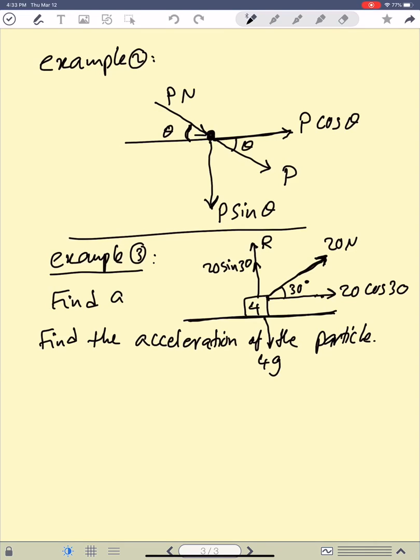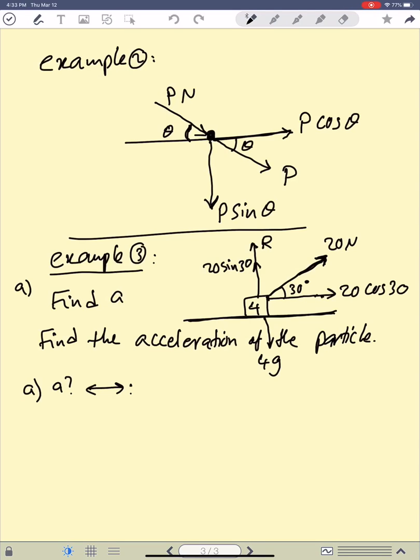So when you do this, what will happen? Look what will change. In part A, we want A, the acceleration of the particle. So to find the acceleration, what do we do? We work in the horizontal or adjacent component, the direction of motion. We can say horizontal in this example.